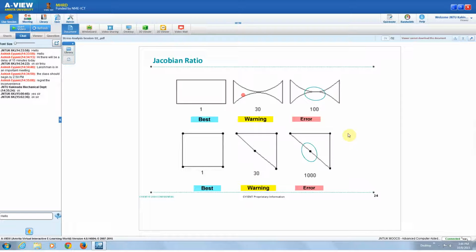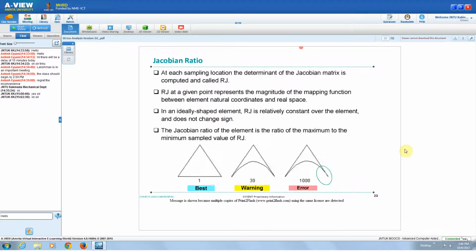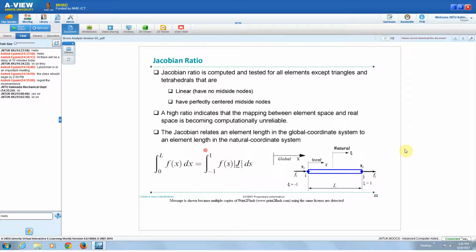Now, I just want to explain one more thing. This is our displacement function with respect to global coordinate system, and this is our displacement function in natural coordinate system. If you see, it varies from -1 to 1, and the Jacobian factor will come here.